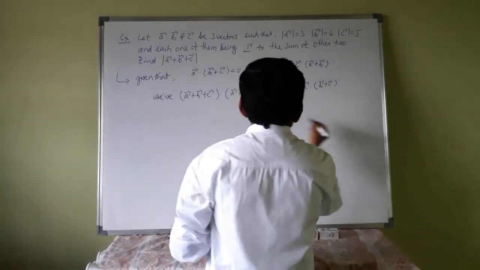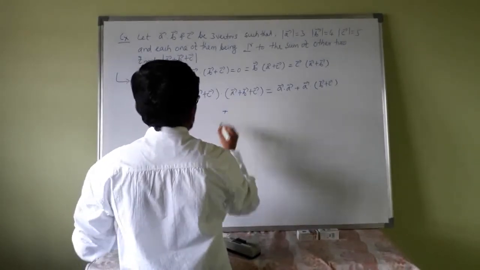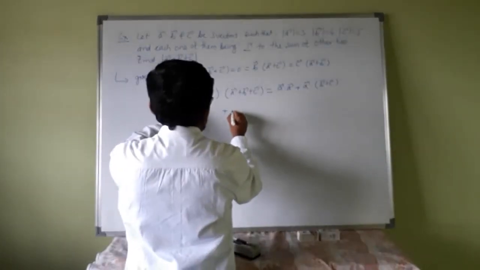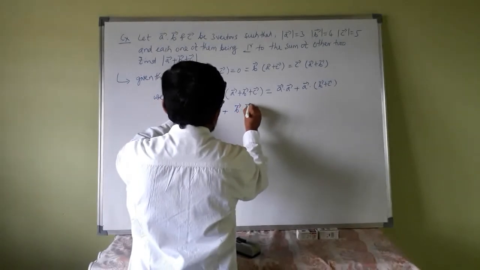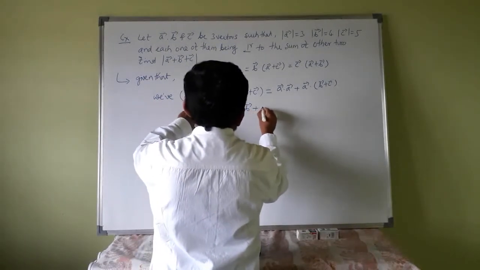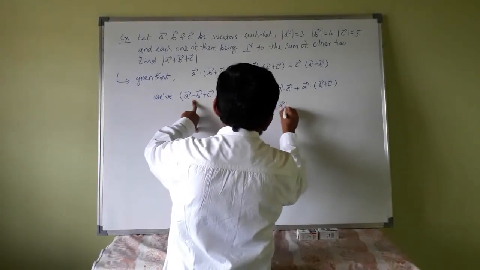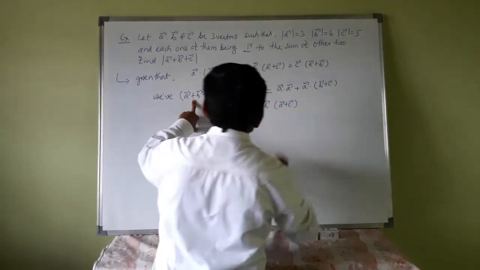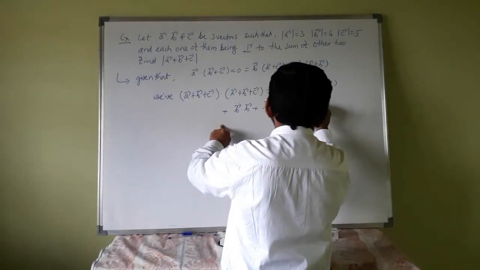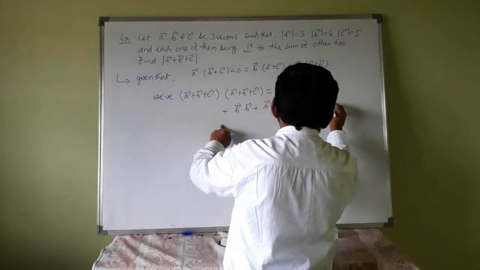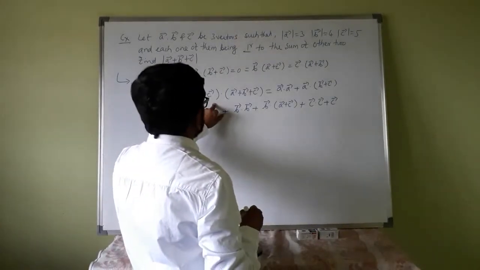So plus, take this one, B dot B plus B dot A plus C, it is perpendicular to the remaining two, plus C dot C plus C dot A plus B.